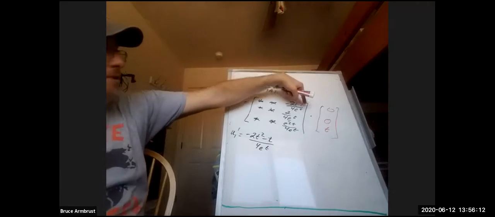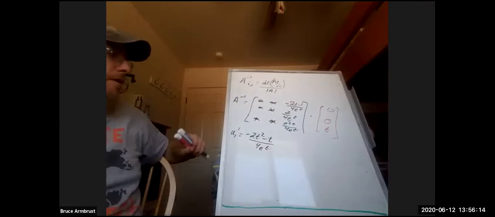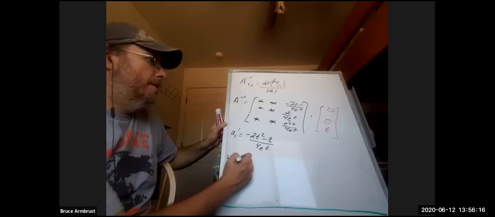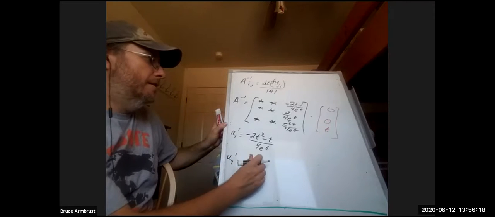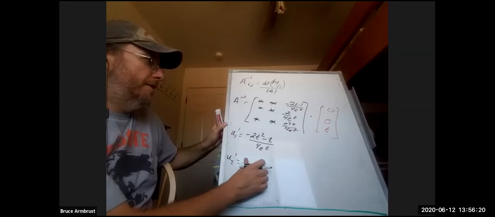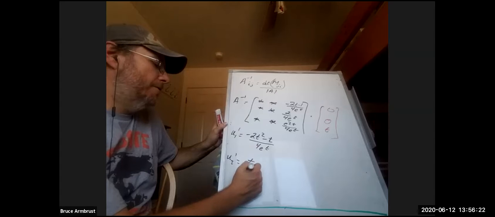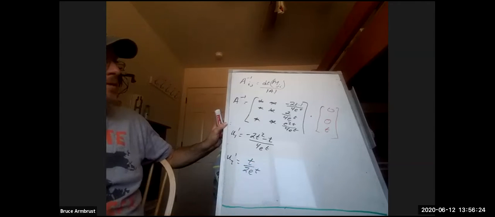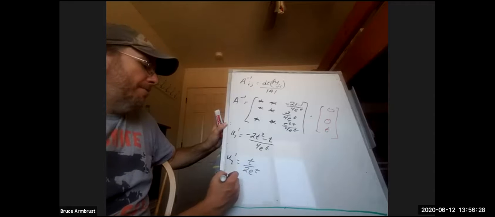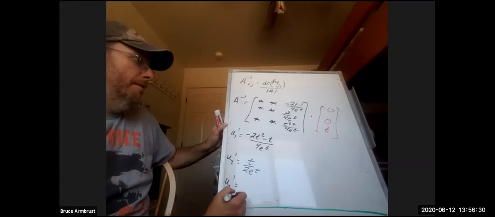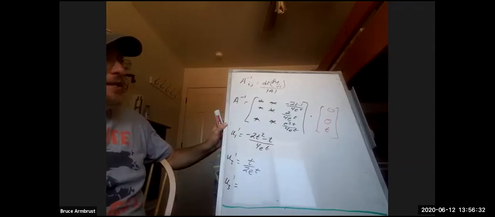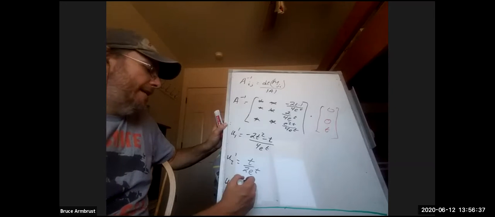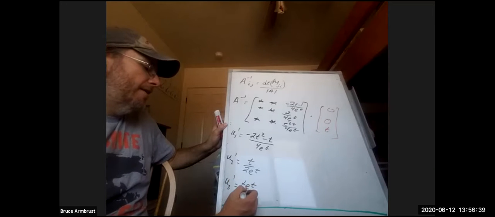That's just these two multiplied together. u2 prime, the 2 and the 4 are going to reduce there, so let's just make this t over 2 e to the t. And then u3 prime, the e to the t goes into e to the 2t, right? Divides into that, makes it just e to the t. So we get t e to the t over 4.